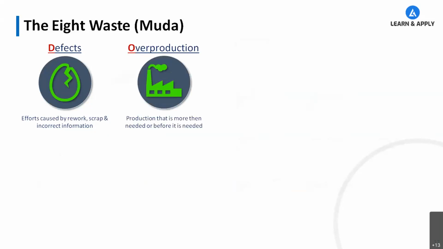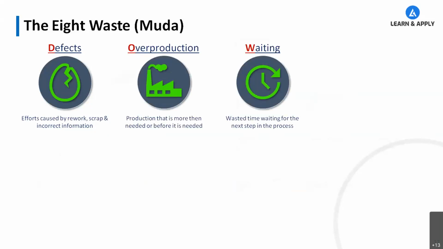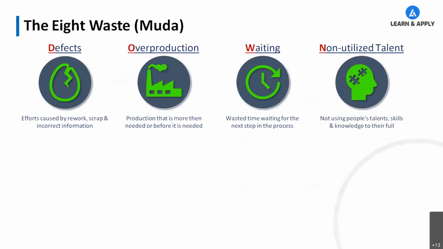Second is overproduction, which means we are producing more than is needed. Third is waiting. So the machine is waiting or the operators are waiting. That kind of waiting time is in the queue to get operated, to get processed in our firm. Next is non-utilized talent.